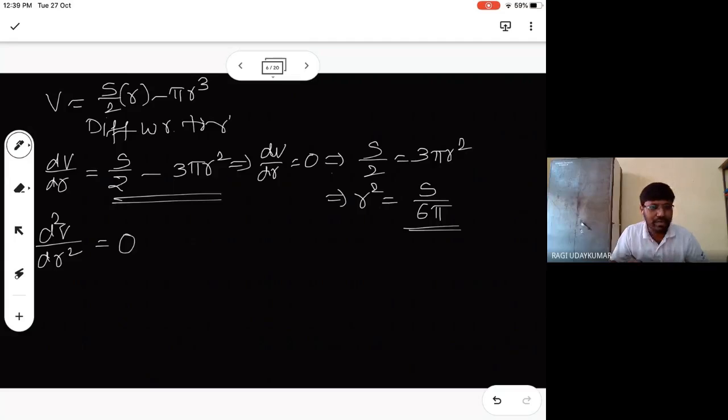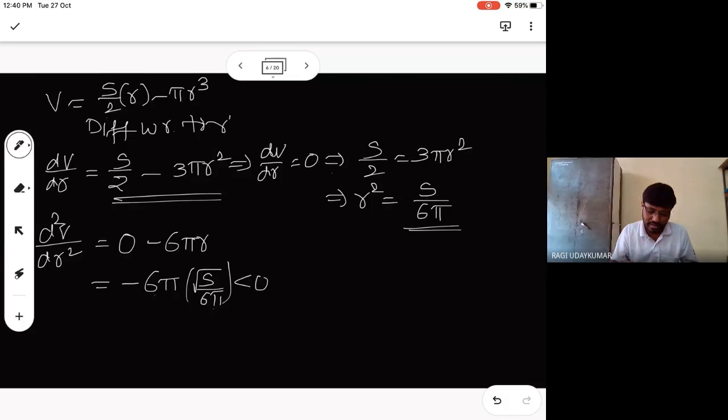If you differentiate this one, the constant becomes 0, and we are going to get minus 6 pi r. And what is the r value? Under root of S by 6 pi. So if you substitute the r value, under root of S by 6 pi, this will be less than 0.